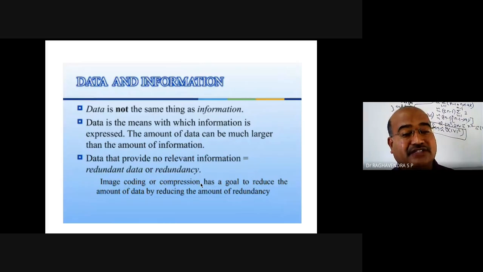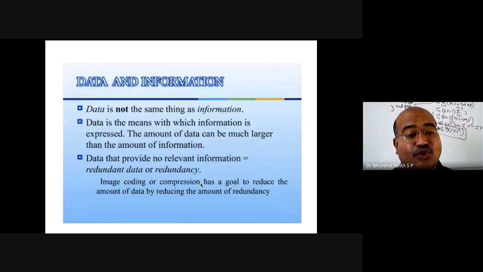Suppose you have some data. If the data does not provide any kind of information for you, such data which never gives valuable information, we can call redundant data or redundancy. That is duplicate data. A data which never gives valuable information will be considered as redundant data or redundancy.